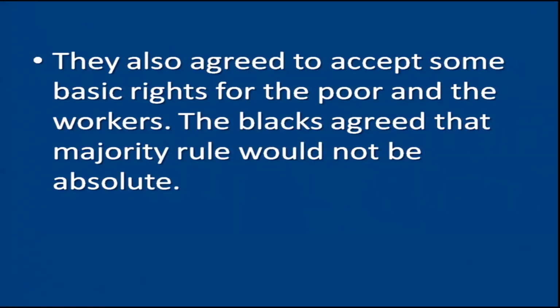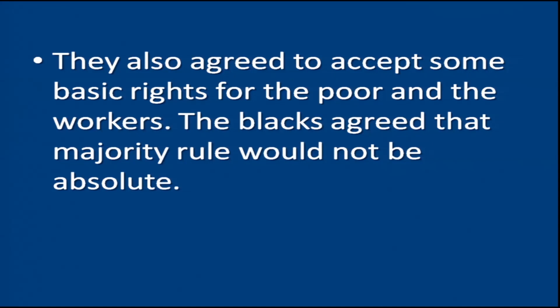At the same time, they also agreed to accept some basic rights for the poor and the workers. Students, when a compromise is being made between two parties, both parties have to agree.